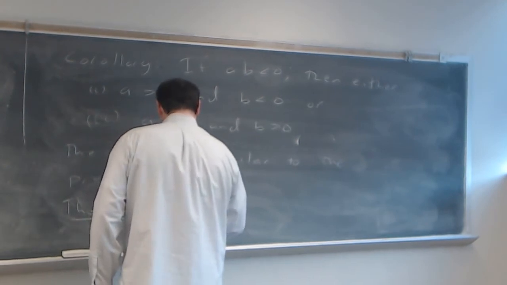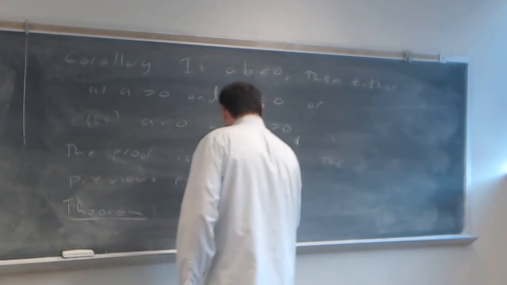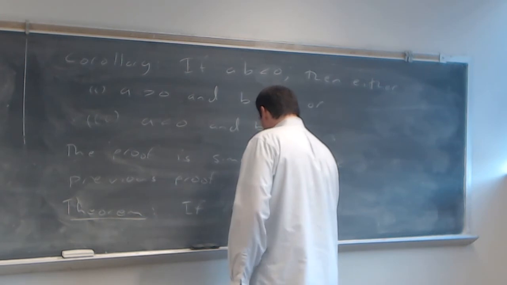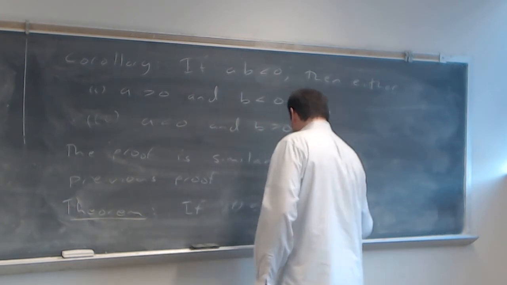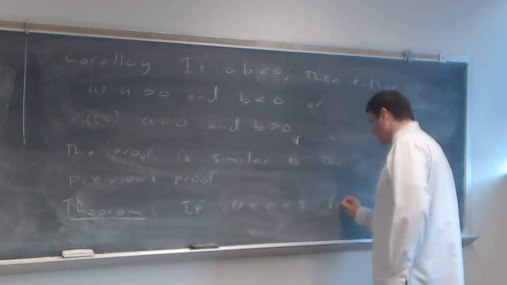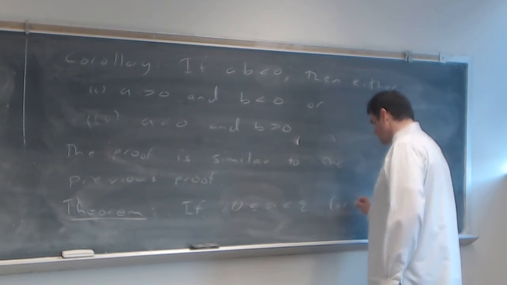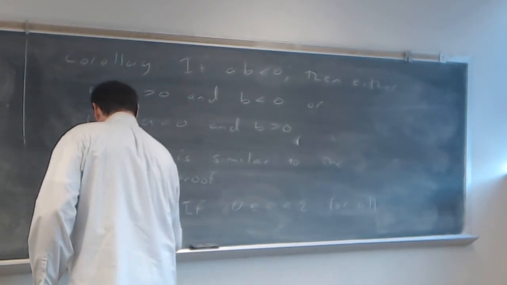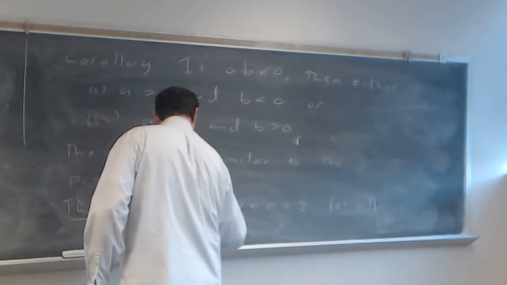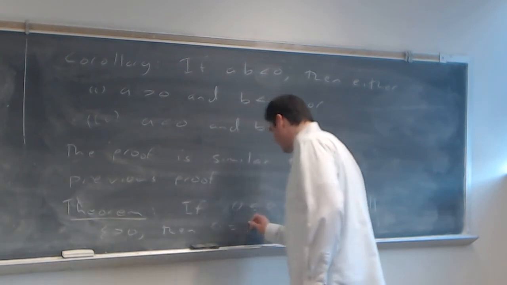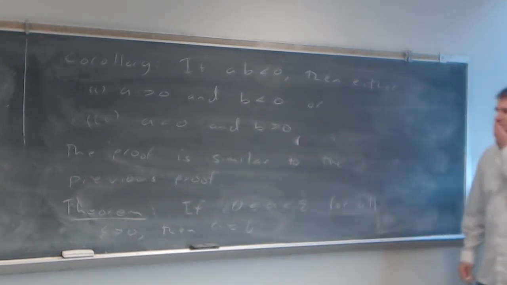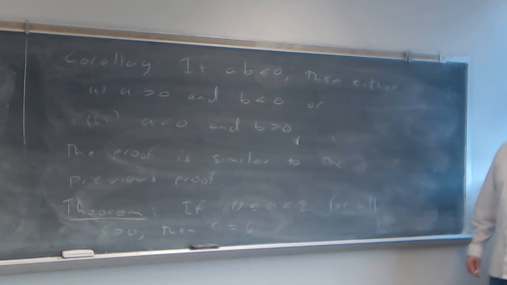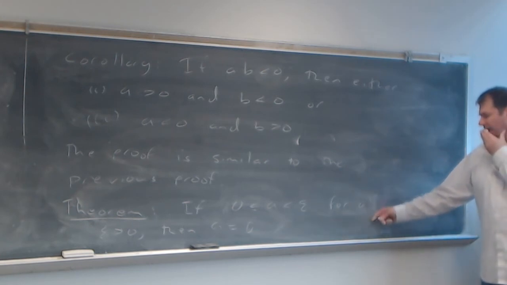It says, if 0 is less than or equal to A, which is less than epsilon, for all epsilon greater than 0, then A had to be 0.